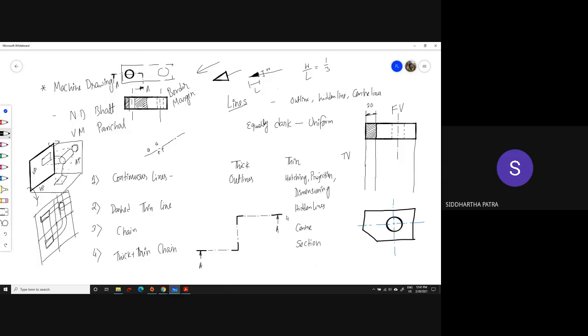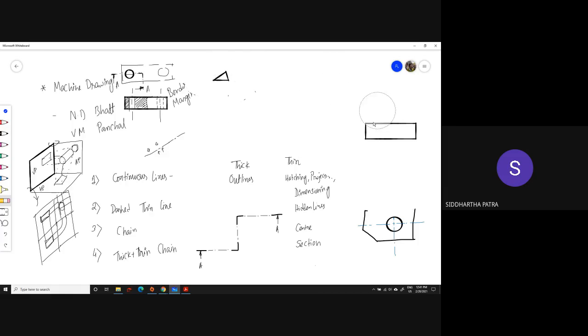There are two other line types I would like to discuss. One is number 5, continuous but freehand. Imagine there is an object which is quite large, but you are not interested in most of it.